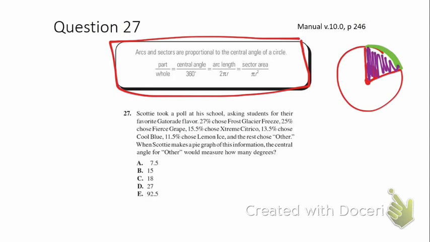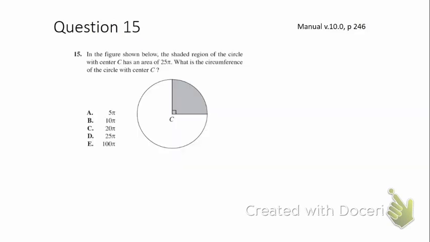So you could do the area of a sector over the area of the entire circle, which is pi r squared. So if you're given parts of this, you can use a proportion to set up an equation in order to solve. So I'm going to jump back and use that strategy in this problem, even though in this one it's not really necessary. I'm going to show you what that means.